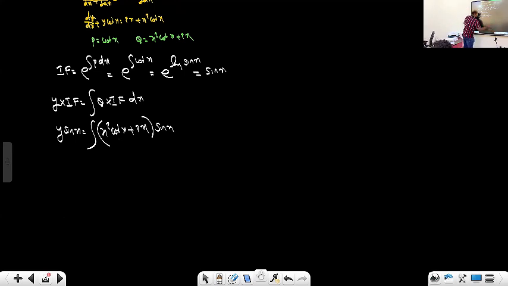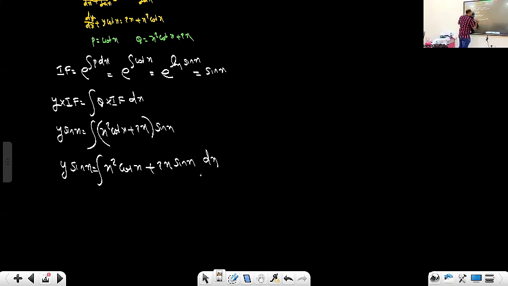So what is the balance? y sin x equals integral x square cos x plus 2x sin x dx. Am I right? Cot into sin is cos, because cot means cos by sin, sin and sin cancelled, only cos will be there. Now, for integration, in such a type of question, apply integration only here. This let it be there, it gets cancelled.